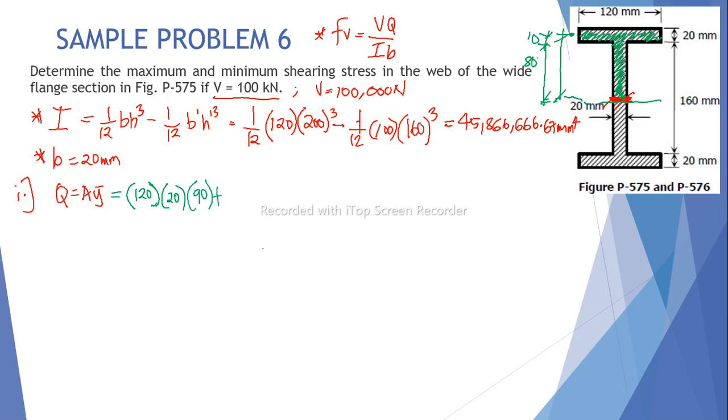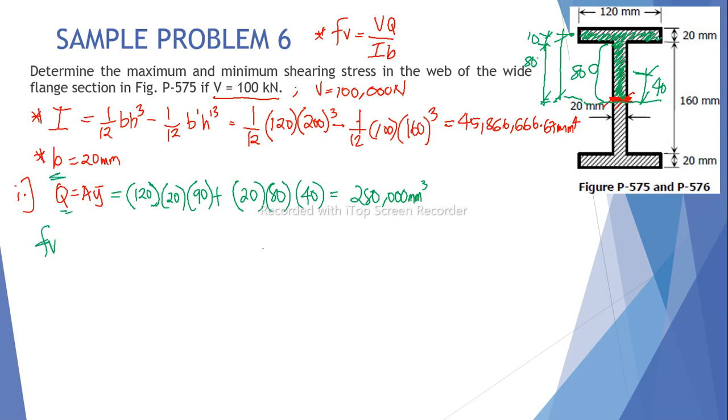Plus area 2, the web part: its base is 20 millimeters times its height of 80 millimeters, and its Y bar is in the middle, so 40 millimeters. Times 40, our maximum Q is equal to 280,000 cubic millimeters.